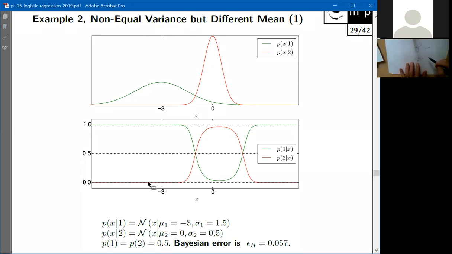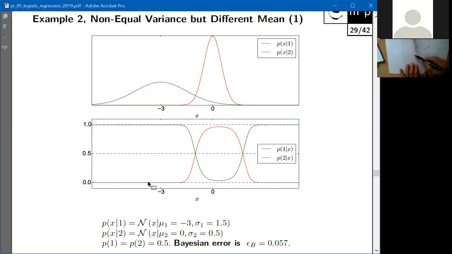Okay, and then we have the ratio, so that will be like the difference, 1/2, and we'll have here (x minus mean 1 over sigma 1) squared minus (x minus mean 2 over sigma 2) squared, like this.